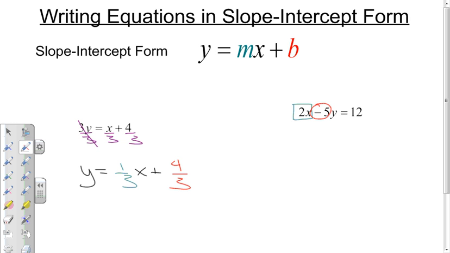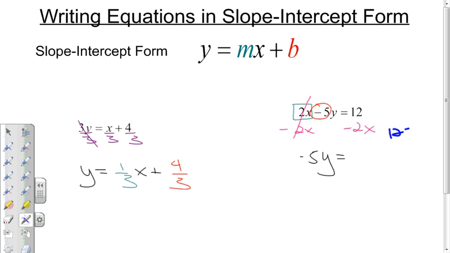Well, just by using the properties of equality, you can do anything you want as long as you do it on both sides. I'll start by subtracting 2x from both sides. Okay, and then writing from left to right, we have 2x minus 2x is 0. -5y equals, and then we have 12 minus 2x, which they are not like terms.